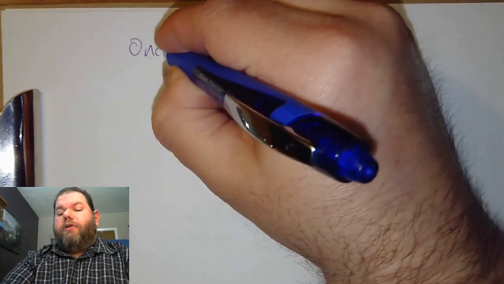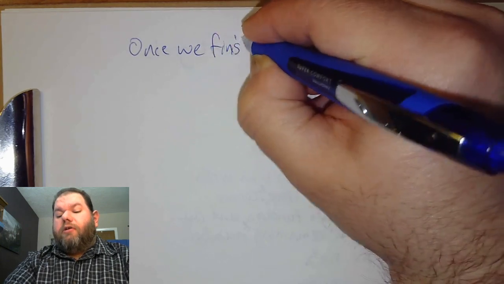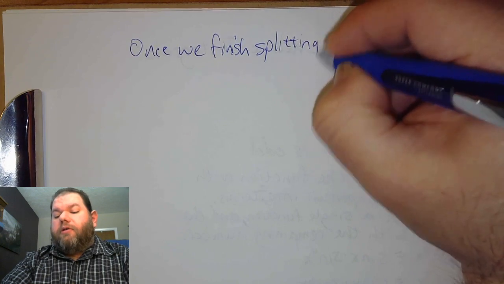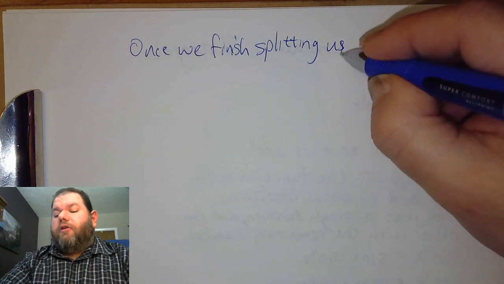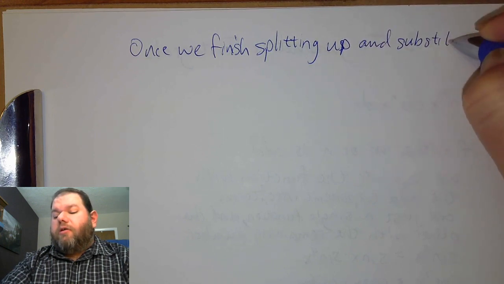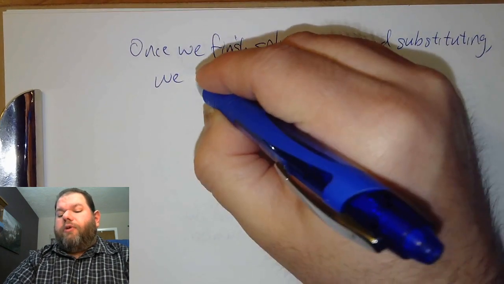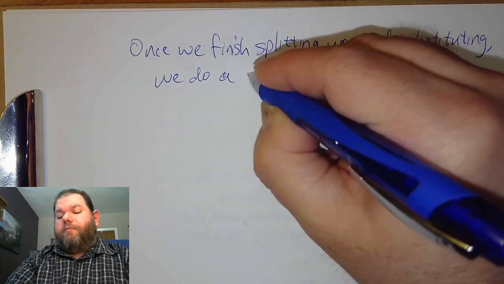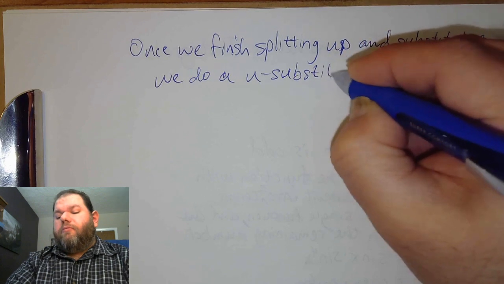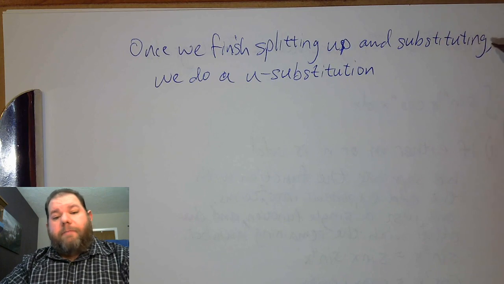So once we finish splitting up and separating terms, or substituting, splitting up and substituting, we do a U substitution for the term that we did not split up.